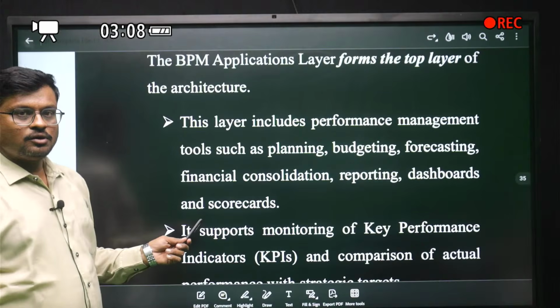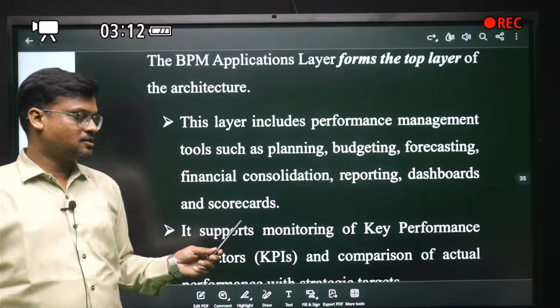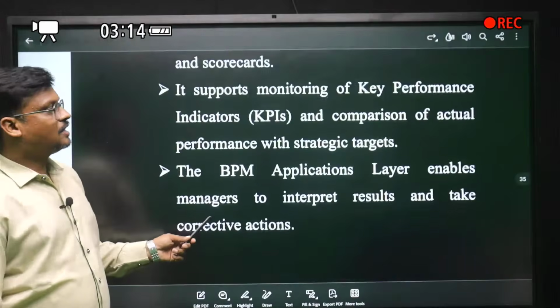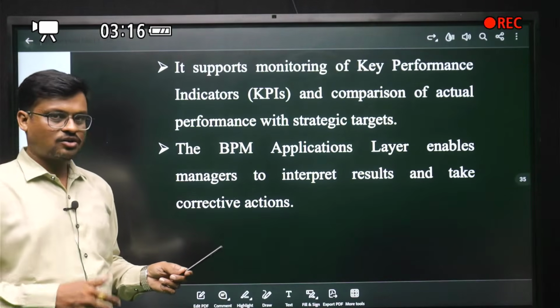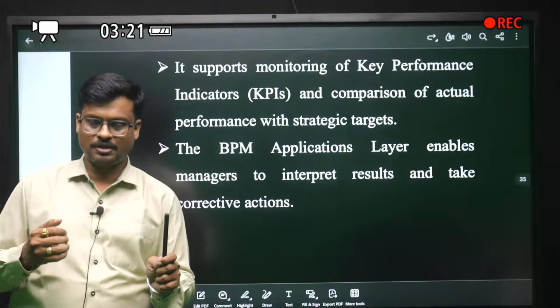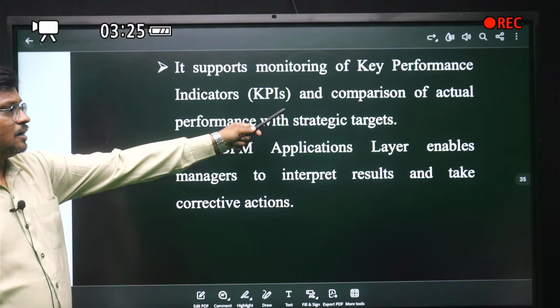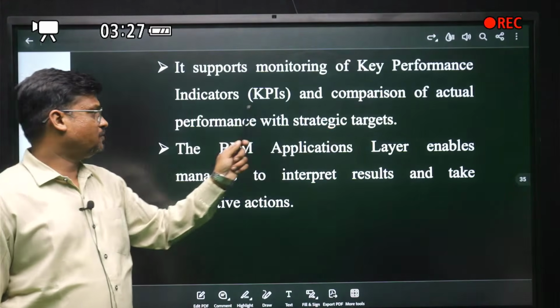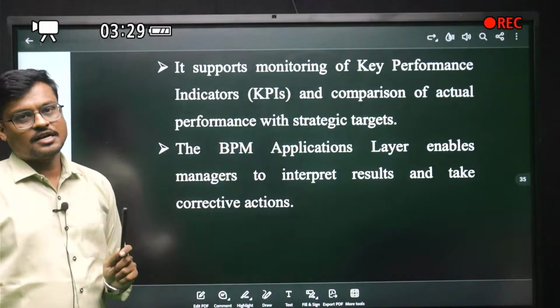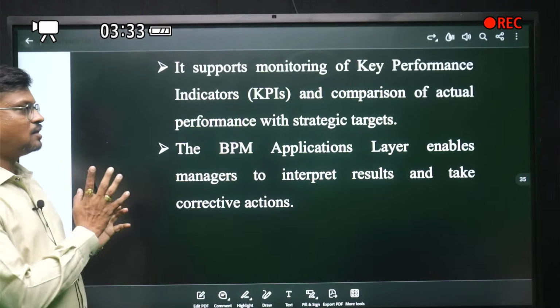So you will be able to map your key performance indicators with the actual performance, and it's also an interactive dashboard, so users can interact with it and extract the information as per the requirement. It goes with the comparison of the actual performance with the strategic targets or the benchmarks which are predefined. Okay, this is your third layer.